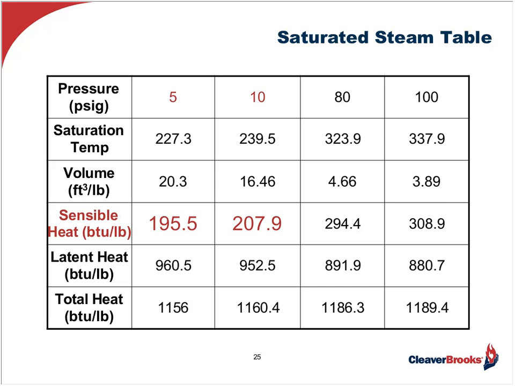So then, referring to the chart on the screen now, notice the amount of sensible energy required to convert a pound of water to a pound of steam at 5 or 10 pounds of pressure. And this is a typical steam table based on a 32-degree incoming water.